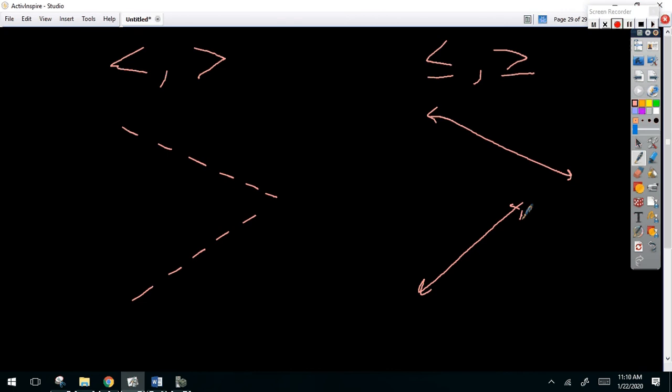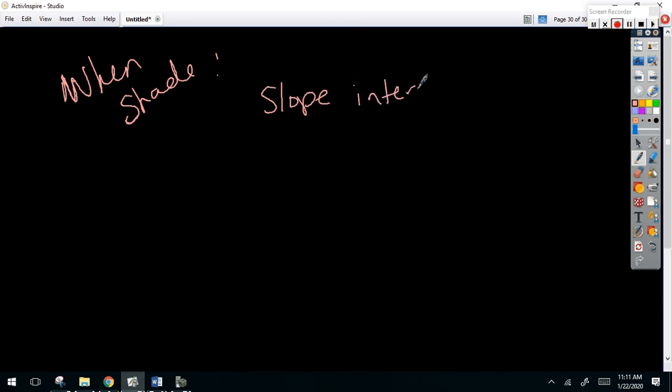The other thing about inequalities is we have to shade. There are a couple of different methods for shading. If you have your inequality solved for y, so I'm in slope-intercept form, the easiest thing to do is look at your equation.